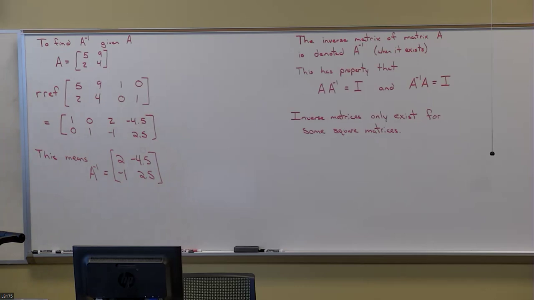And if you go through the multiplication and you check A times A inverse, you'll see that you do get the identity back. Sounds crazy, huh?